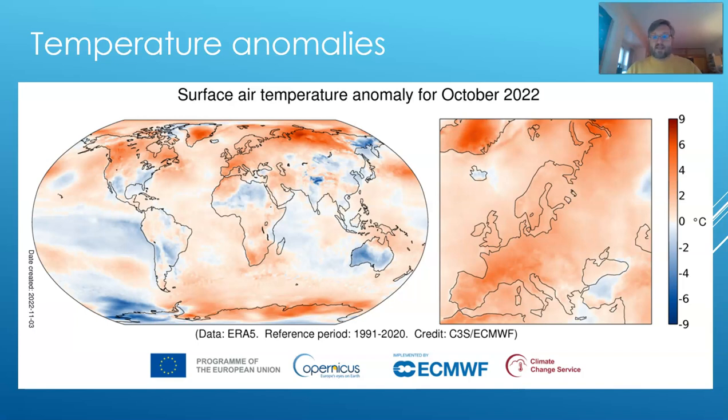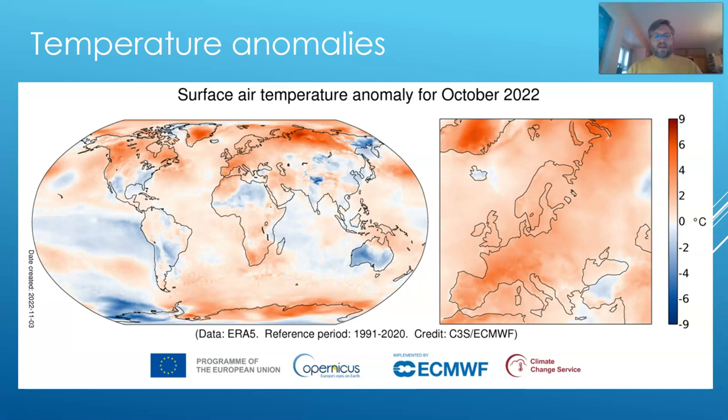You see in places like Greenland, central Siberia, Europe was quite a bit warmer than average in October 2022, though there are also some parts of the world that were a little bit colder than average. So the eastern United States was a little bit colder than average during October 2022. Australia was colder than average in October 2022. So for this 1 month, we've got some positive, some negative anomalies depending on where you are, though overall we've got a lot more positive than negative anomalies going on across the world.